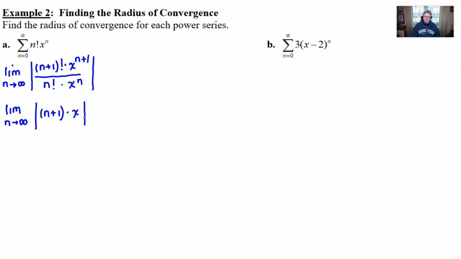Now, things are a little different now since there's a value of x. No longer do you just plug in infinity for n and say, hey, I've got infinity as an answer and kind of stop. You have to think about what your desired conclusion for this problem is to figure out convergence.